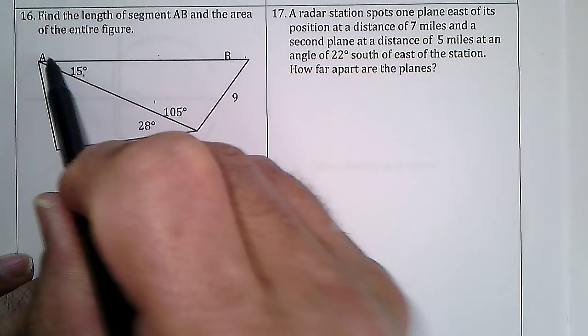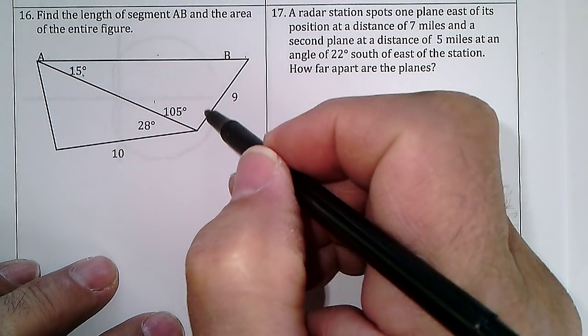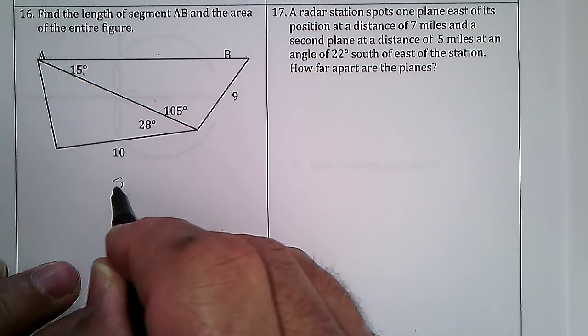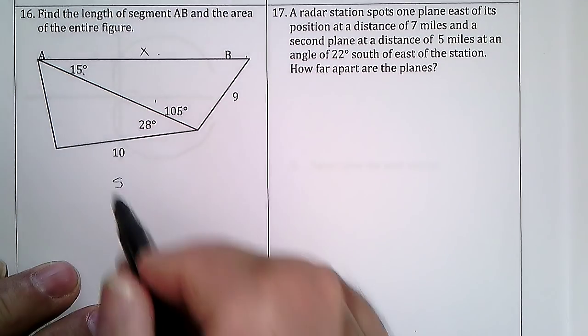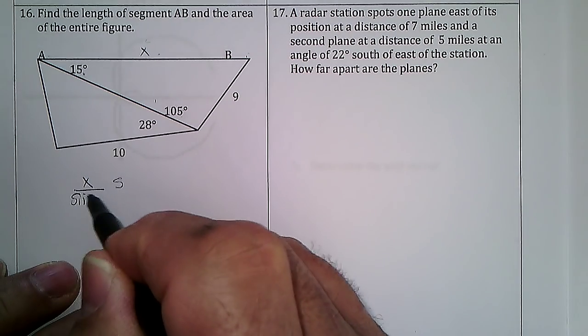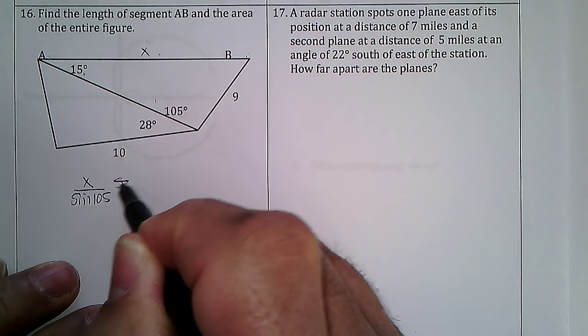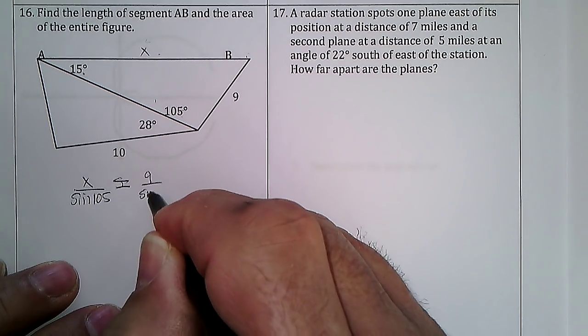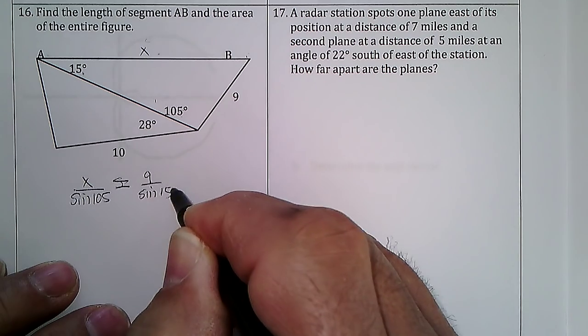To figure out AB, I want to get AB, call that x. So x over sine of 105 equals 9 over the sine of 15 degrees.